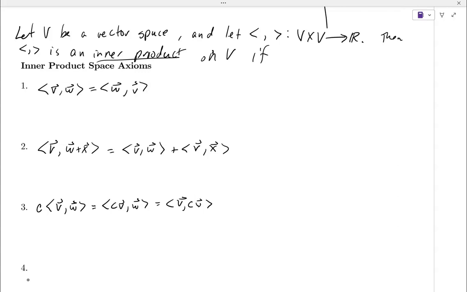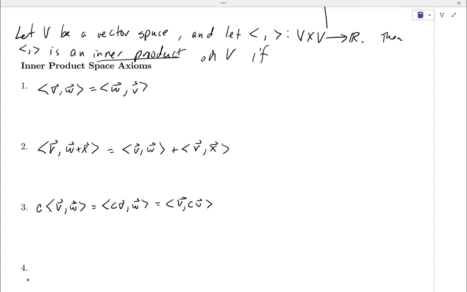So I can do the inner product of the two vectors together first, and then do the scalar multiplication. Or I can do the scalar times the first vector, and then do the inner product.